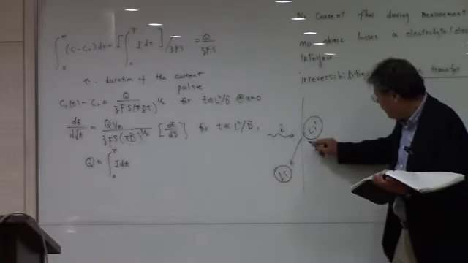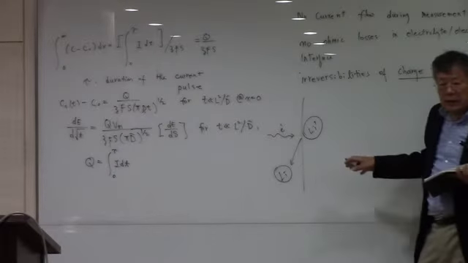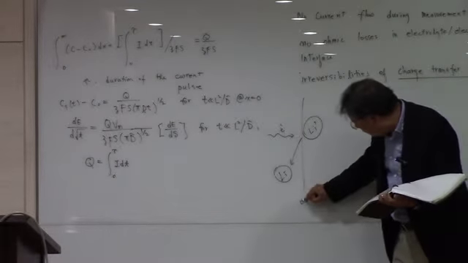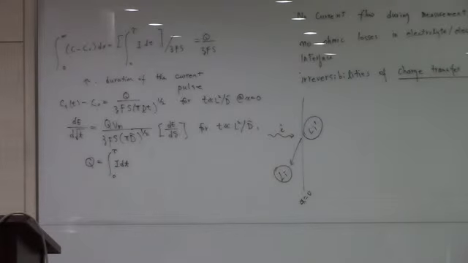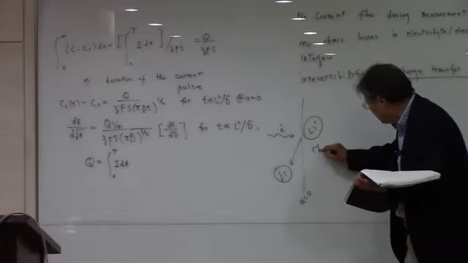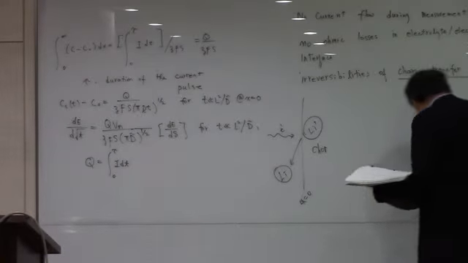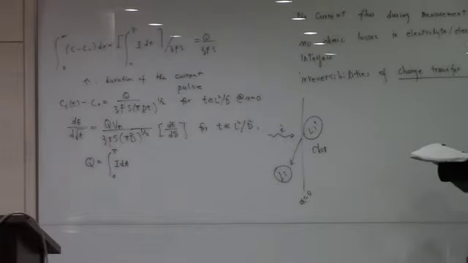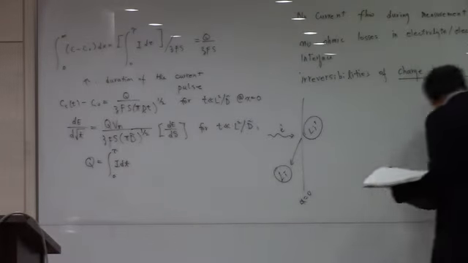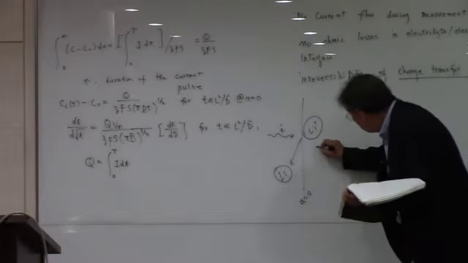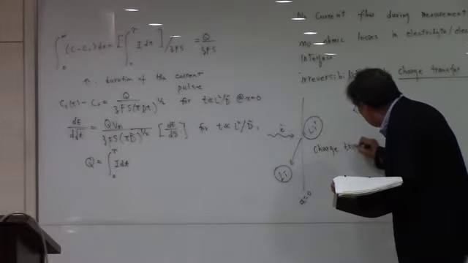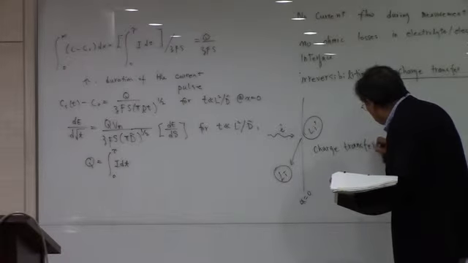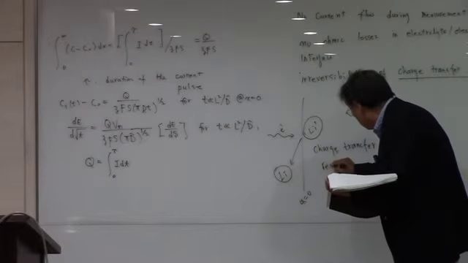Okay, here the resistance at x equal to 0 is going to be called the charge transfer resistance.